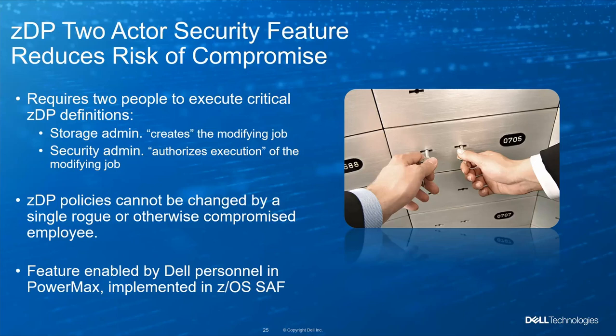So when ZDP comes up, it detects whether or not the PowerMax has asked for two-actor security, and it will go down this path that's been implemented through SAF and different XFACILIT profiles to ensure the two-actor security is deployed.